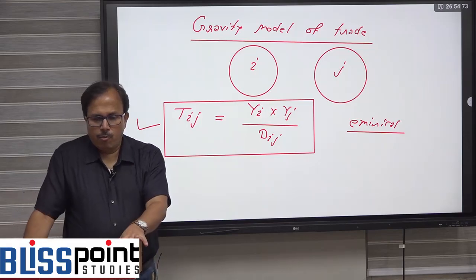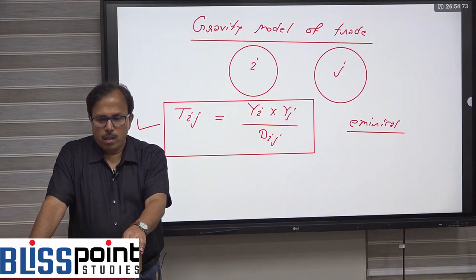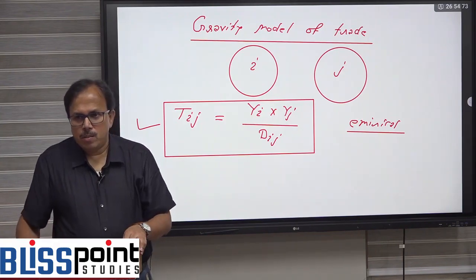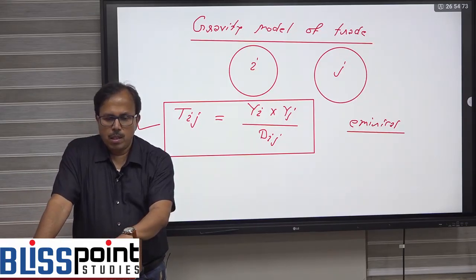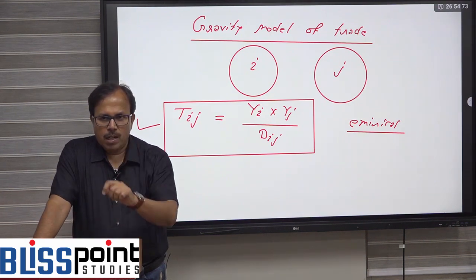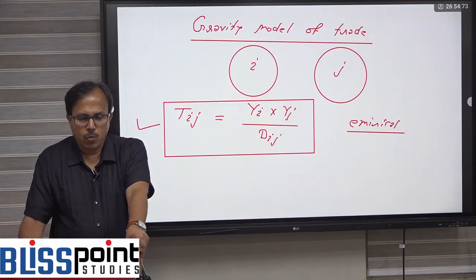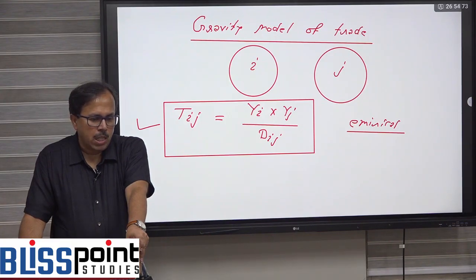Below that, therefore, taking other things constant, the value of trade between two countries is proportional to the countries' GDP, and it diminishes with distance between countries.